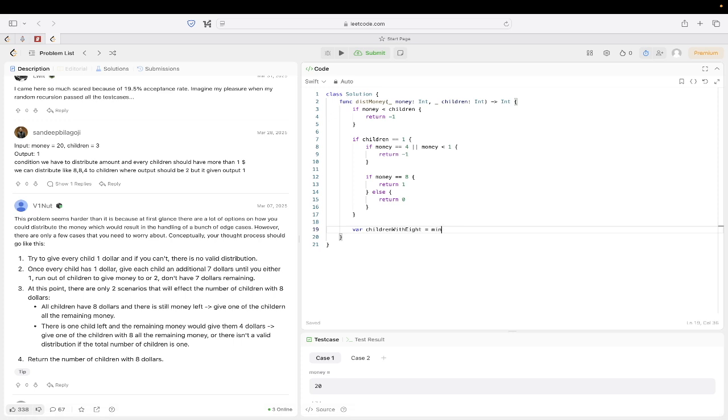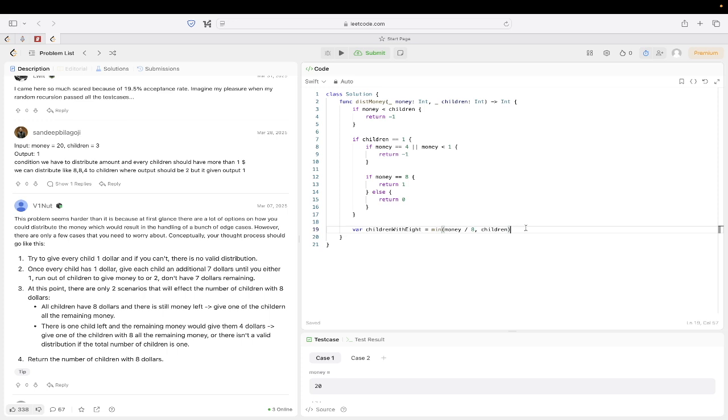We'll just pass in the money divided by 8, and this would also be the children. So that's the maximum number of children that can get 8.